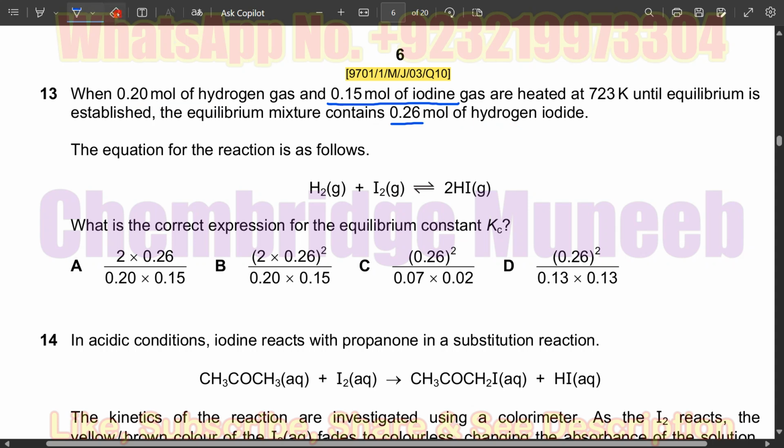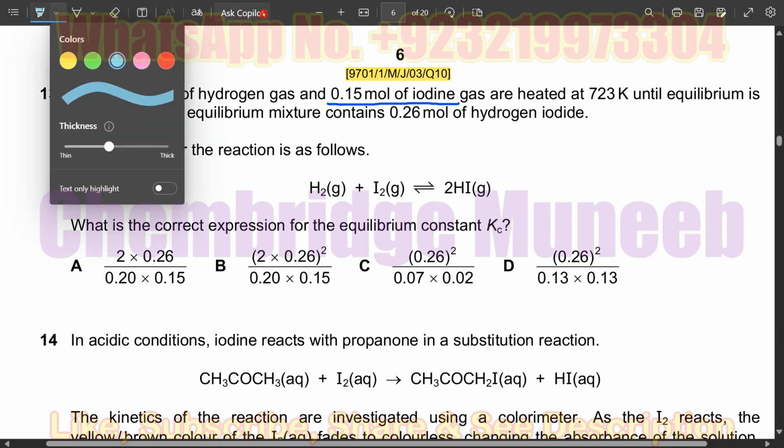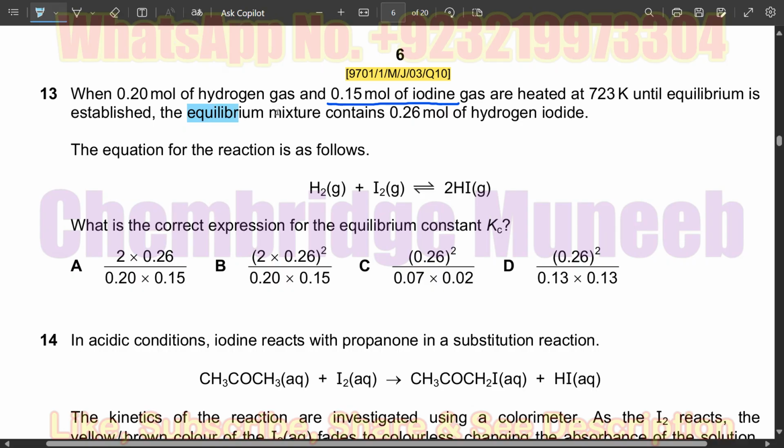This is the moles of hydrogen iodide at equilibrium, and 0.2 mole of hydrogen gas, 0.15 mole of iodine gas. We can use these values. I am writing initial here and equilibrium on this side.